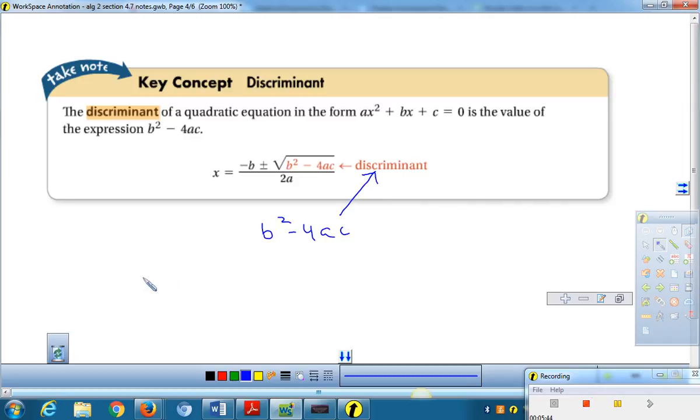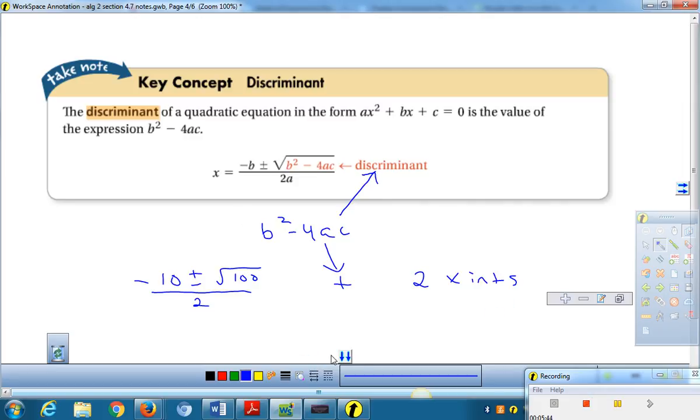So if I had negative 10 plus or minus the square root of 100 all over 2, how many x-intercepts will I have? The square root of 100, we get two answers, right? Positive or negative 10. So we get negative 10 plus 10 over 2, and negative 10 minus 10 over 2. So when the discriminant is positive, I'm going to get two solutions, two x-intercepts.